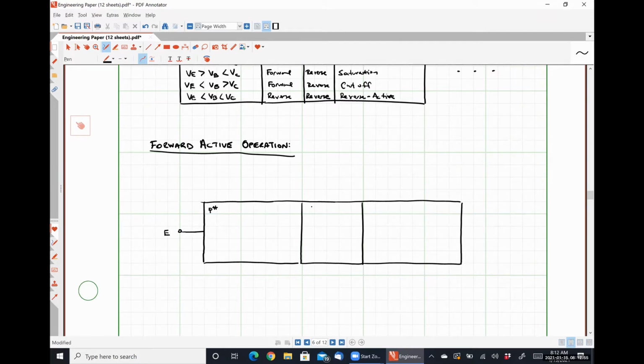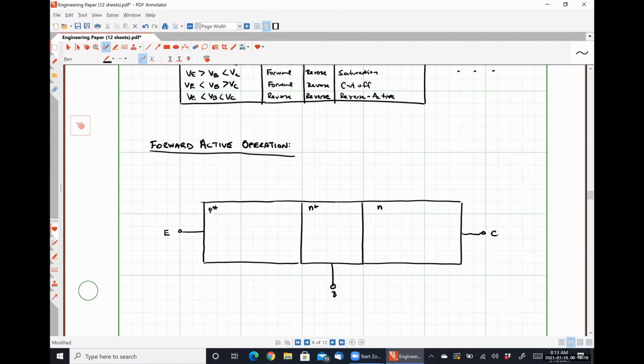This is our base. So this is an N+ region. And then here is our collector, and that is an N region.